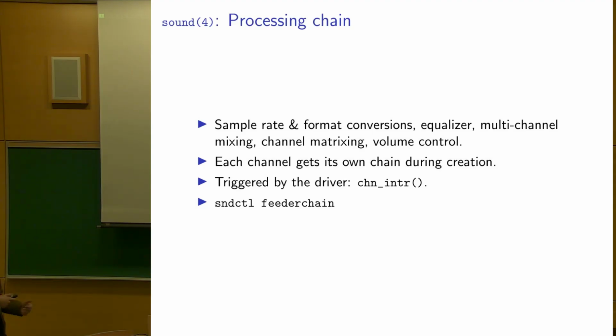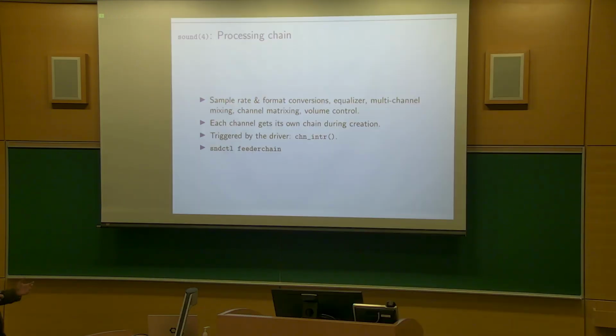Let's say you have a USB card, and when it's ready, it needs to take samples and play them to the speaker. Or you're recording, and when it's ready and it decides it wants to send those samples back to userland, then it will interrupt the channel with this function, and then the whole processing will happen.